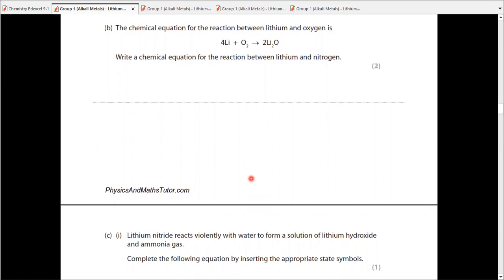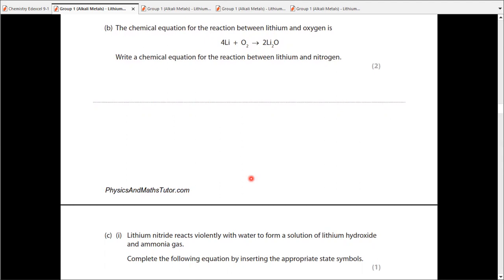It'll be lithium plus nitrogen like N2, then arrow, then LiN. Now if we balance it, no, it's not LiN. It's not the correct formula.